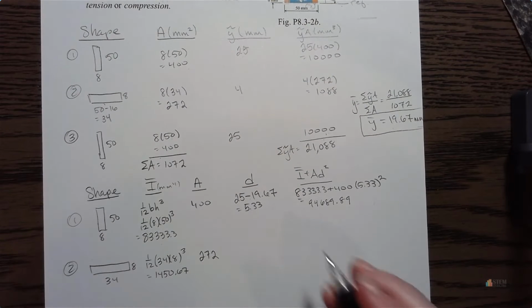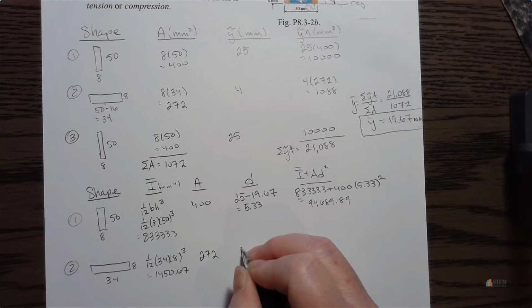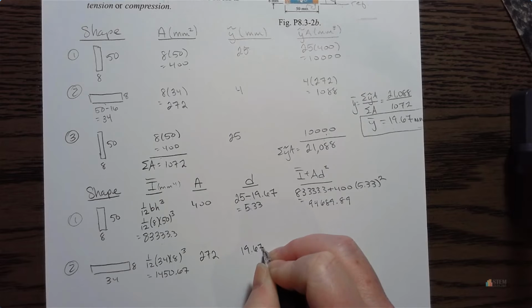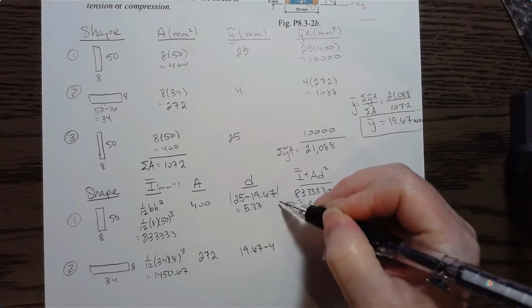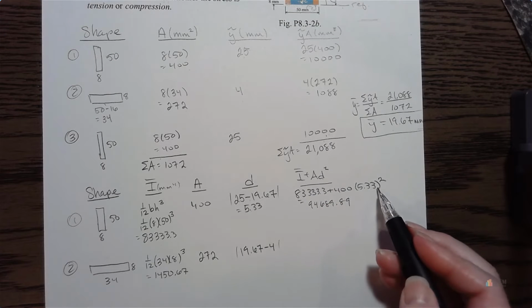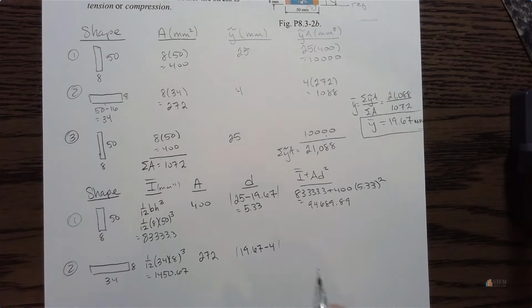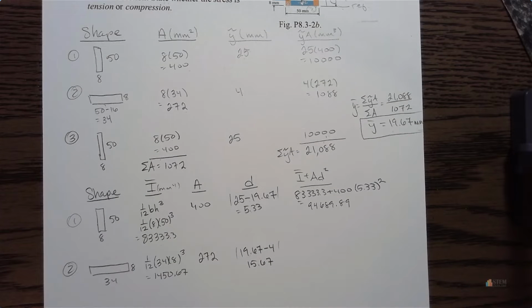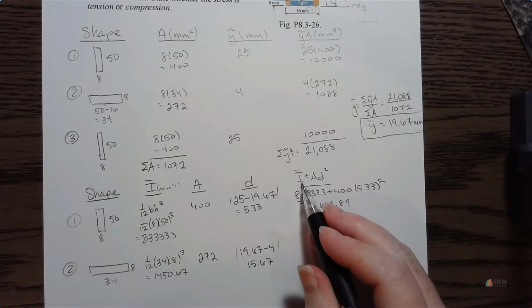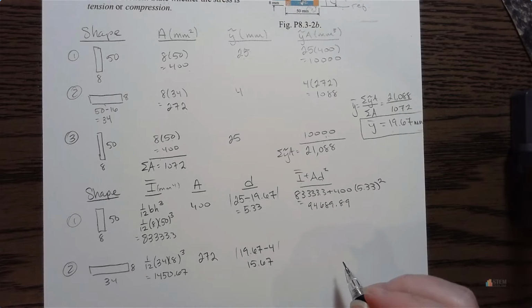That's D. All right, so let's do 19.67 minus 4. Remember, order doesn't matter because, you know, we're going to square it, right? So it doesn't matter if you get a positive or negative here. So that's going to give you 15.67. And then over here, we've got this sum.